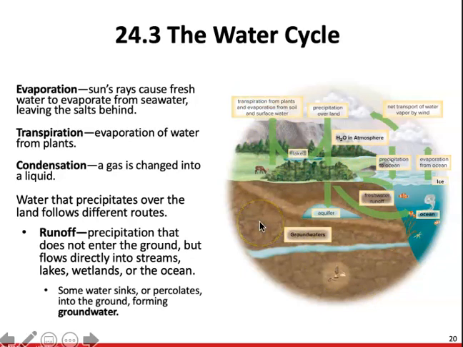Runoff is precipitation that doesn't really enter the ground, but instead it flows directly into streams, lakes, wetlands, or into the ocean. Some water is going to actually sink, though. It's not going to run off in the form of streams. It's actually going to percolate down into the ground, forming what is known as groundwater.